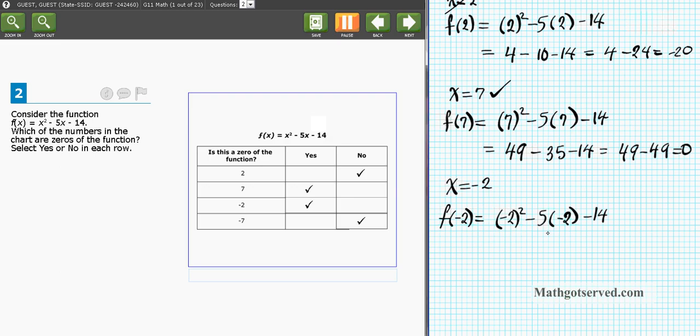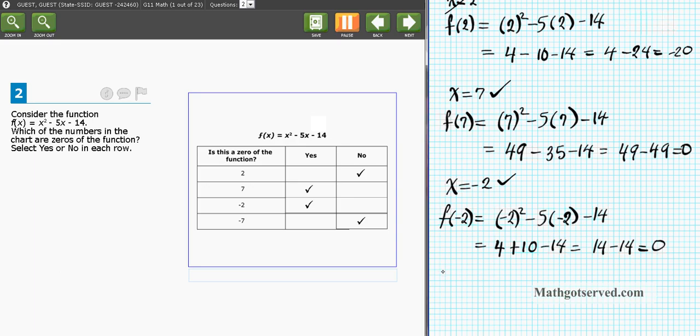If we work this out, negative 2 squared, you have to know that when you square a negative, it becomes positive 4. And also minus times minus is plus 10 minus 14. So you see, using this substitution method, you have to be really careful in your arithmetic and order of operations. A lot of room for mistake here. Okay? If you work this out, you're going to have 14 minus 14, which equals 0. So that also qualifies as a 0.